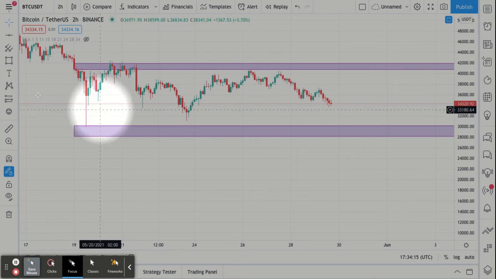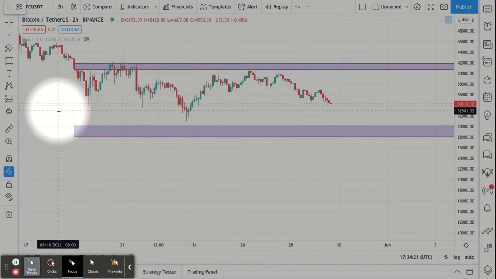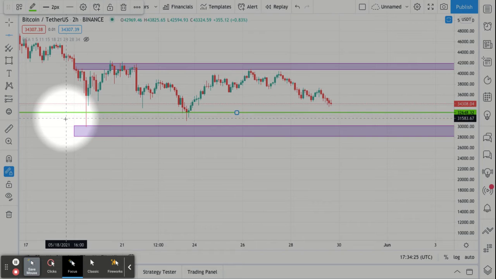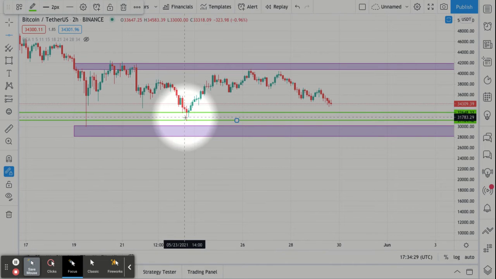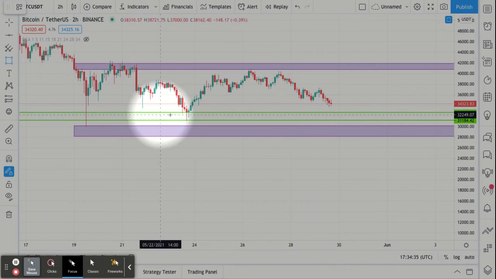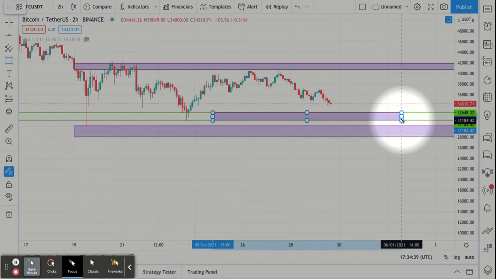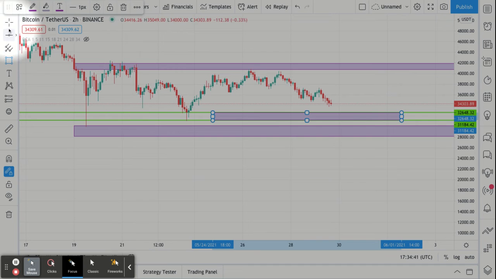Now, realistically, if I'm looking at a floor, I'm probably going to end up coming over and I'm going to look at the absolute base and the absolute wick. Or sorry, the absolute lowest body and the absolute wick. And what I'm going to then do is I'm going to end up charting that, and I'll probably make it a different color.